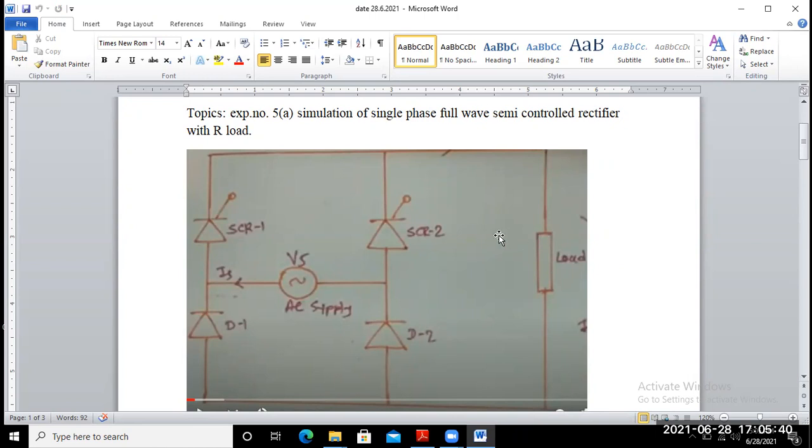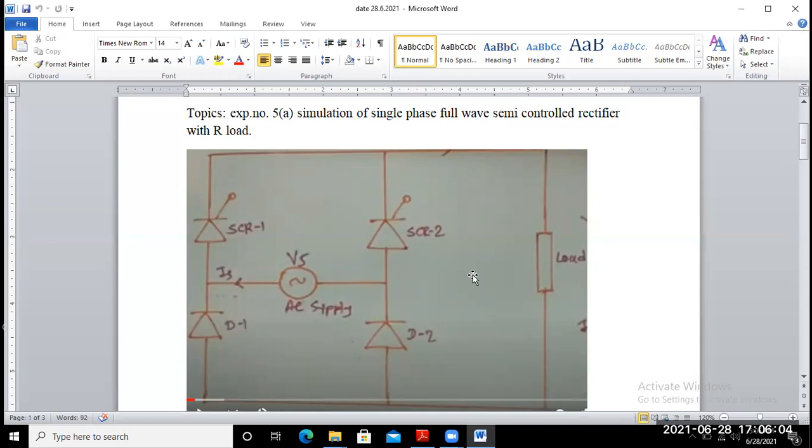Okay, so what is the operating principle? How can they operate this rectifier, the control rectifier? The mode of operation we can classify into two types: mode 1, that means the positive half cycle, and mode 2, the negative half cycle.